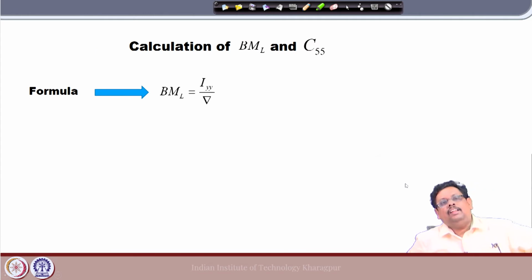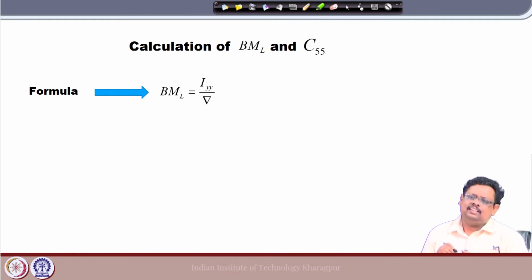Now, let us come back to the calculation of C55. I am not going to discuss C44 because the GMT is always an input. Unless you have it, we can approximate GMT by some numbers of course, but normally it is the input.